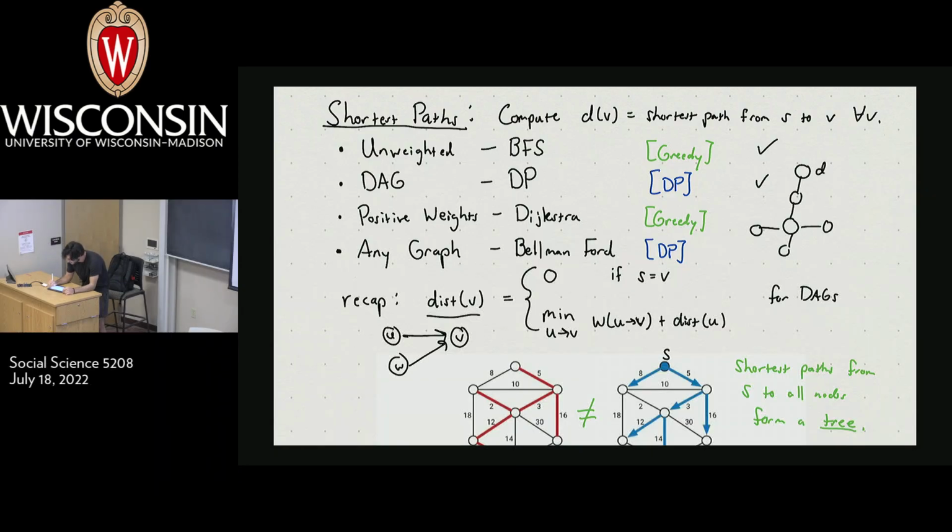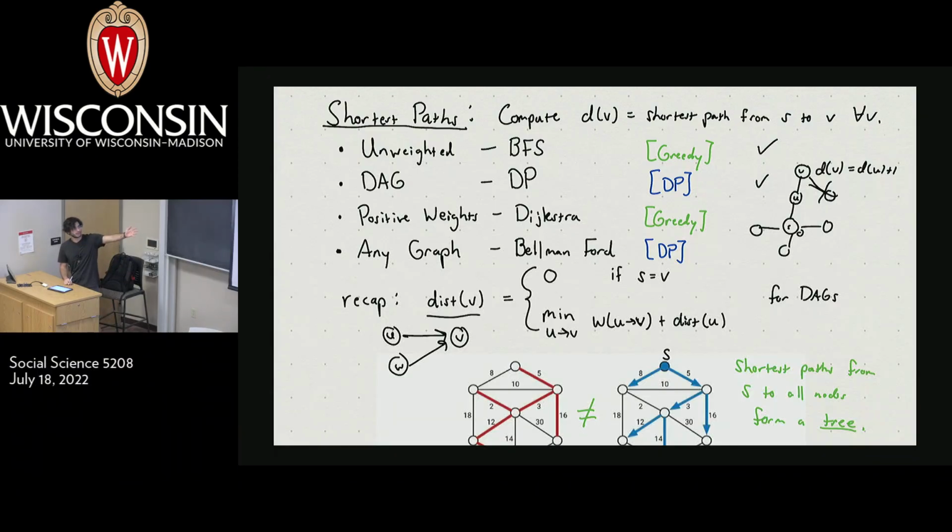Immediately, you're saying the distance of V is the distance of U plus 1. Where this is U, this is S, this is V. You don't really consider other paths, right? You're not saying, well, maybe this other path is better. You don't even think about that. The second you hit V, you update its distance and you never touch it again. So really, you made a greedy decision to permanently change its distance to the first thing that looked good.